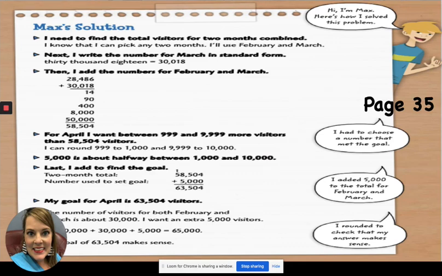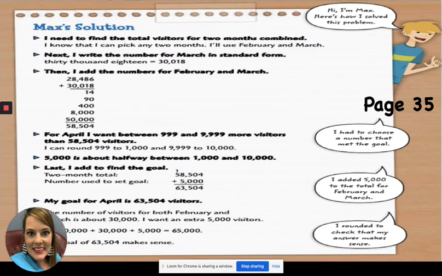Okay, so one possible reason is that it's an easy number to work with, right? Because it's an even number. And it is between 999 and 9,999. Now, he could have used any number he wanted between those two numbers, but he chose 5,000.